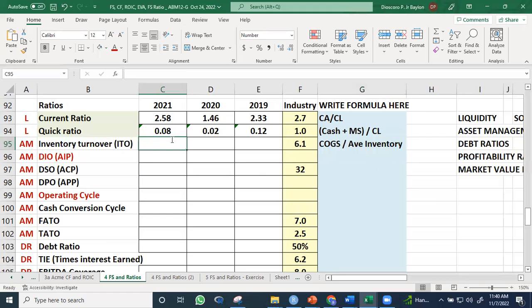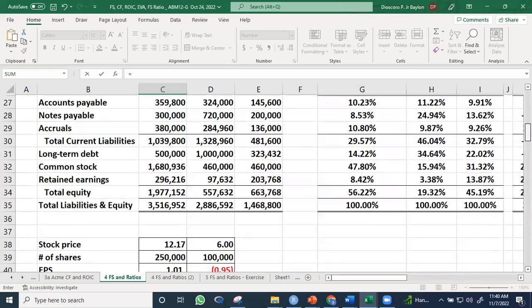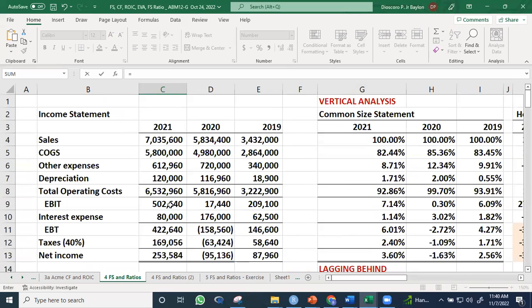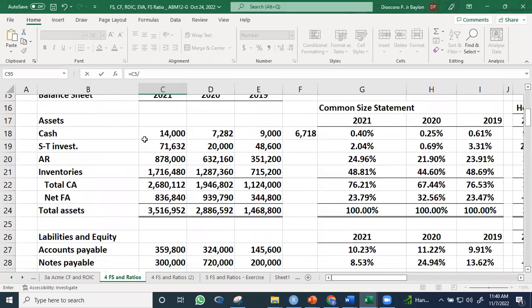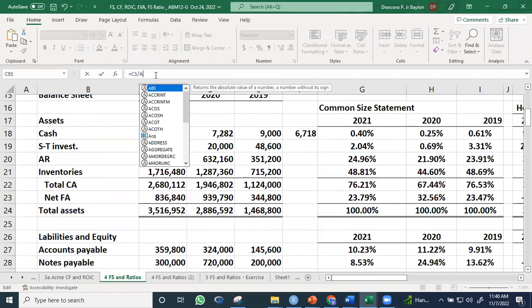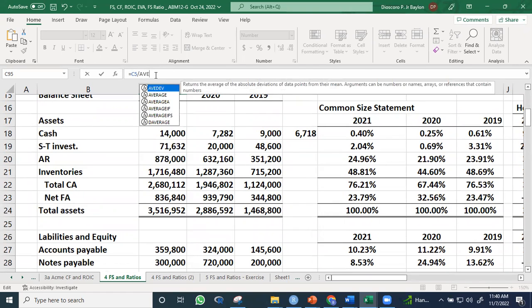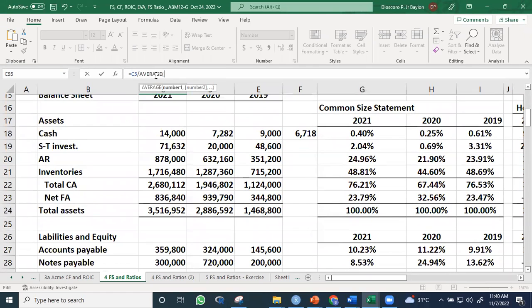Okay, so let's compute for this. So the inventory turnover is your cost of goods sold, which will be coming from the income statement, divided by the average of our inventory. So this one. Average ng inventories natin.